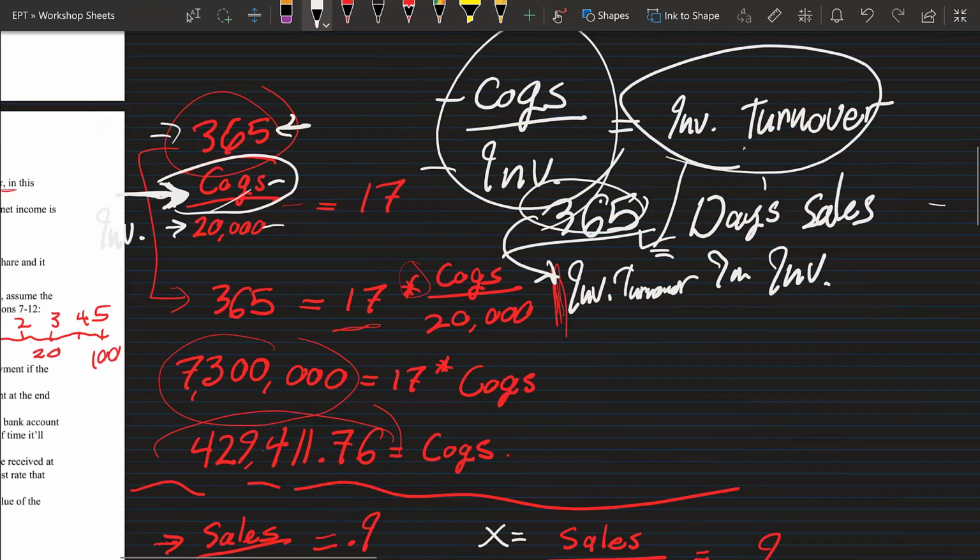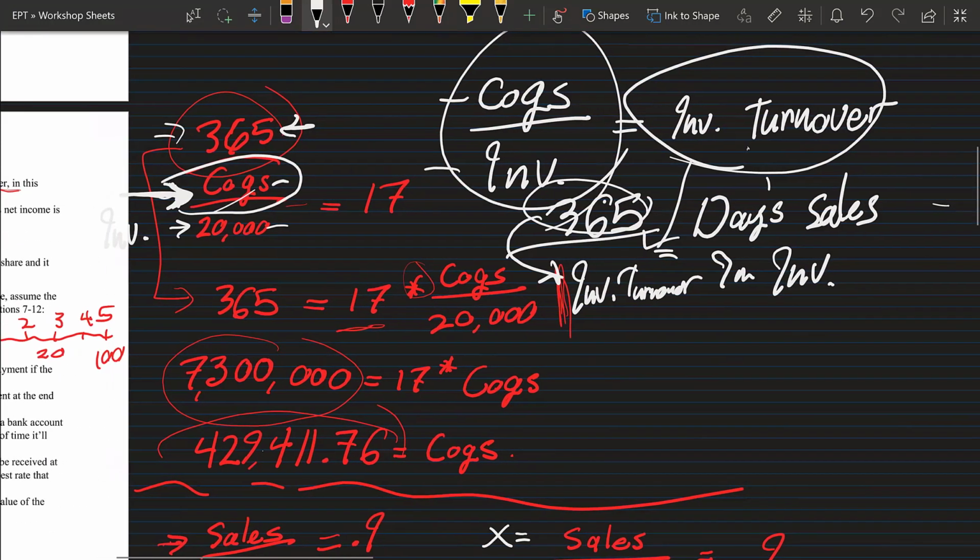Right here we have inventory turnover. First of all, you need to know that days sales in inventory is 365 over inventory turnover, and inventory turnover is cost of goods sold over inventory, right? Those you can only know if you have your ratios written down. See how that works?